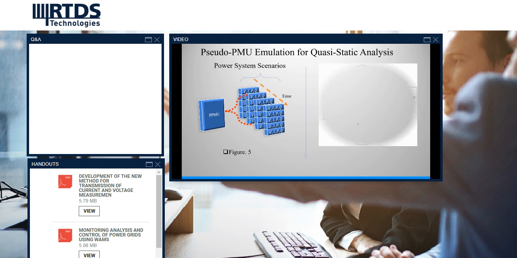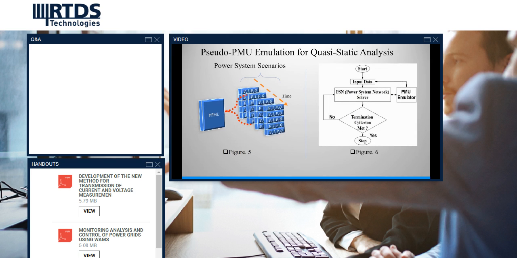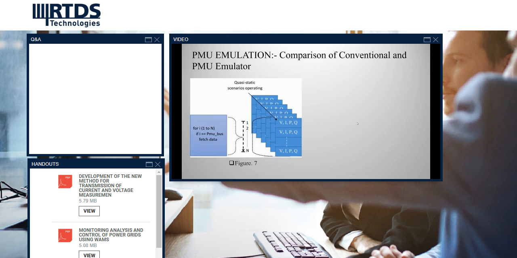The algorithm that has been used for emulating the pseudo PMU emulator is shown in figure 6. The solution or the snapshot information for various time instances are obtained using the power system network solver. The PMU emulator interacts with the power system network solver and acquires the information at the PMU nodes and archives them or sends them for further processing.